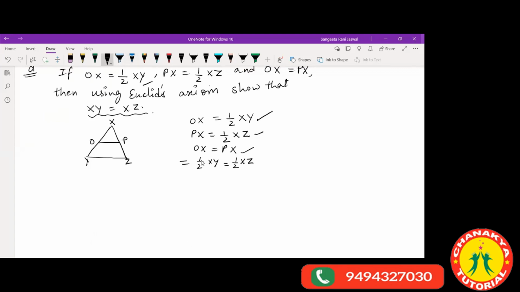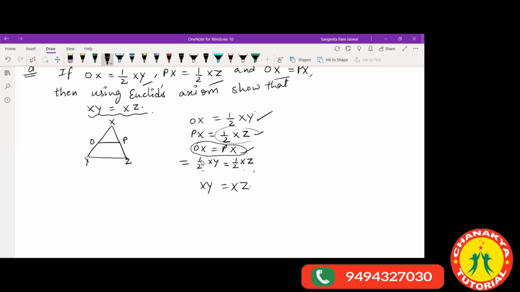It's also given that OX is equal to PX. So OX was half XY, PX was half XZ. So I've just equalized them, right? And half can be cancelled from here. So I can see that XY is equal to XZ. We can say that, no?